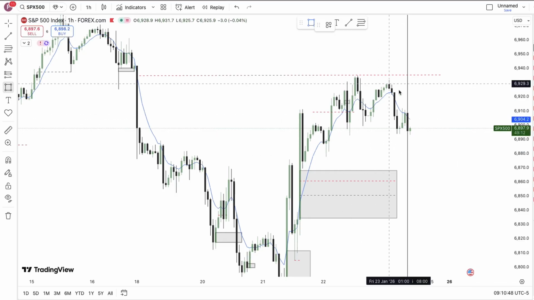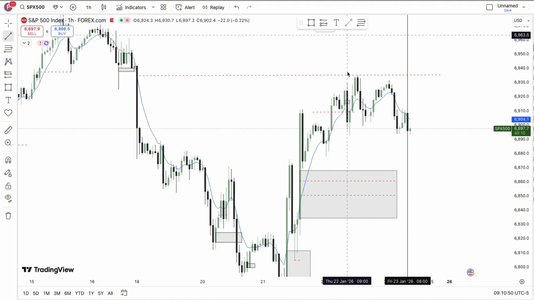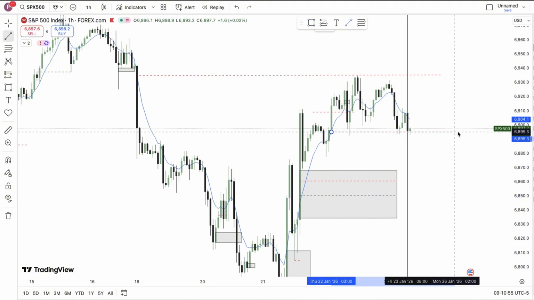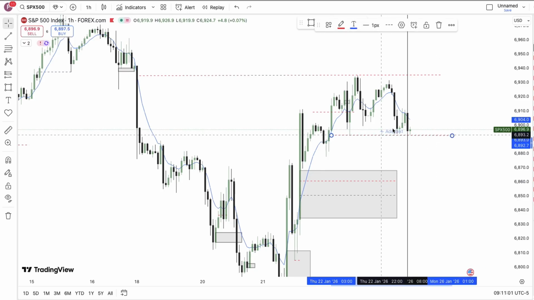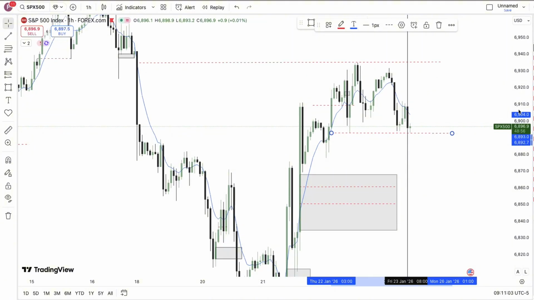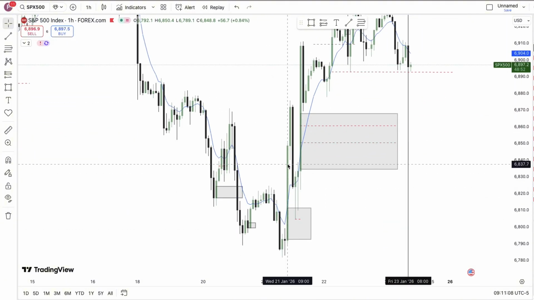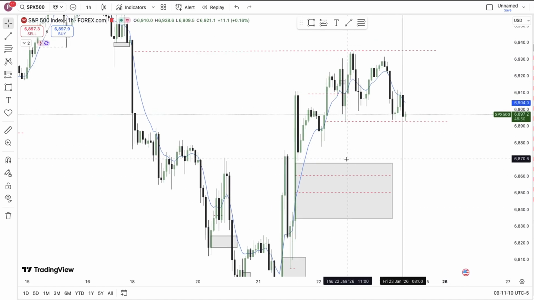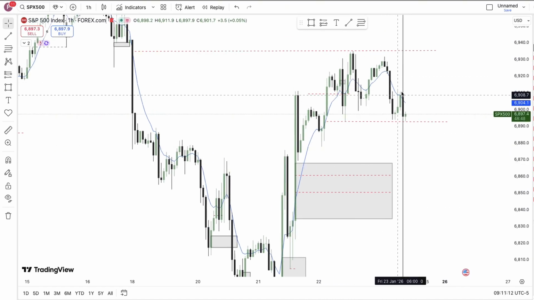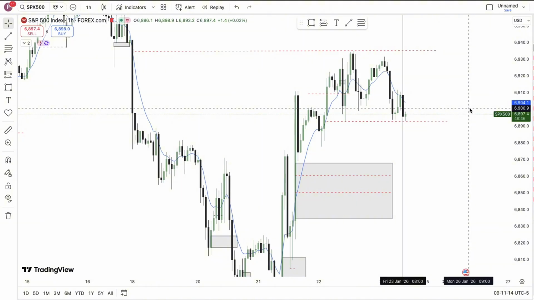Creating equal levels here. From this point, price is consolidating. It has no clear direction as to where it wants to go. See this displacement here. At this side it's a bit choppy, though there are big moves.